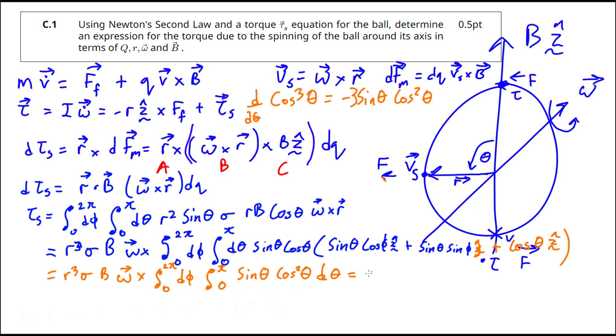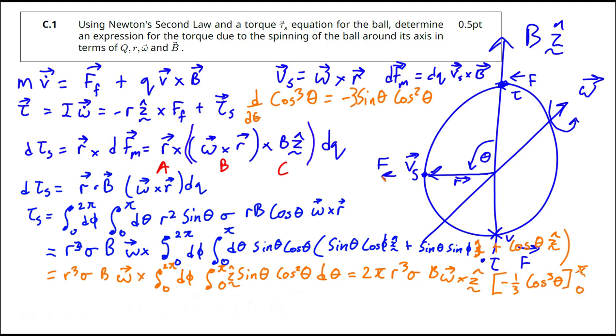So from my phi integral I get my factor of 2 pi, r cubed sigma b omega cross, in this case, sorry, I dropped my z. This is all in the z direction. Omega cross z. Alright, and then I have minus 1 over 3 cos cubed theta, and I have to evaluate that at pi and 0.